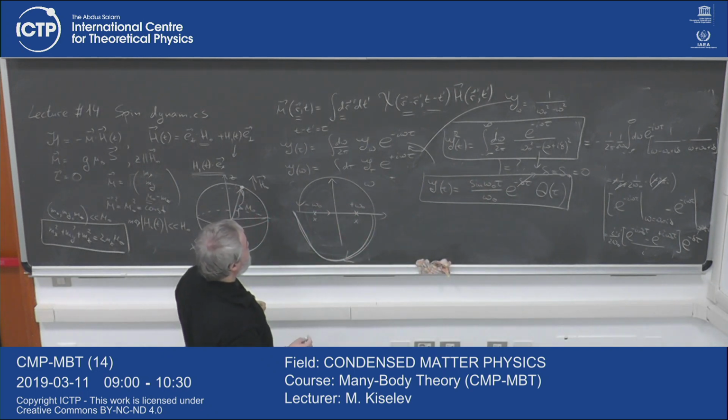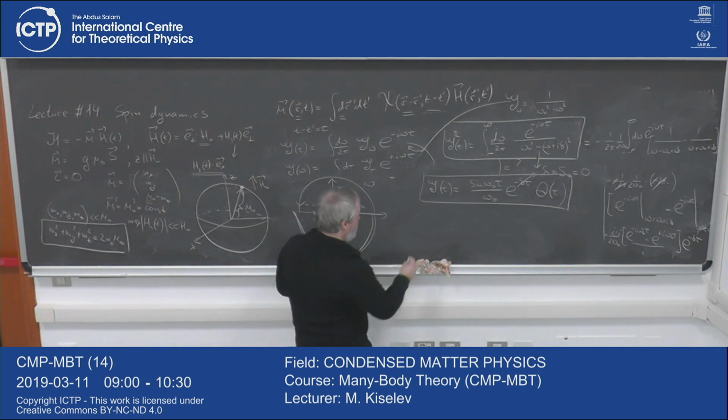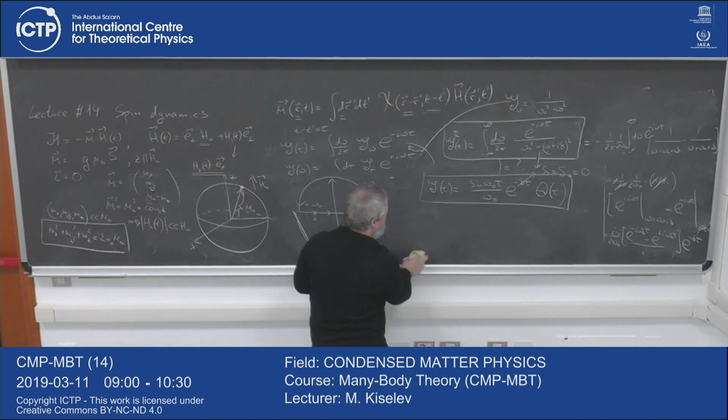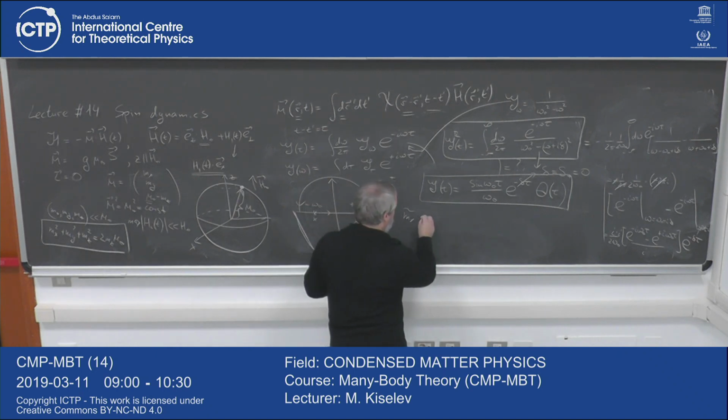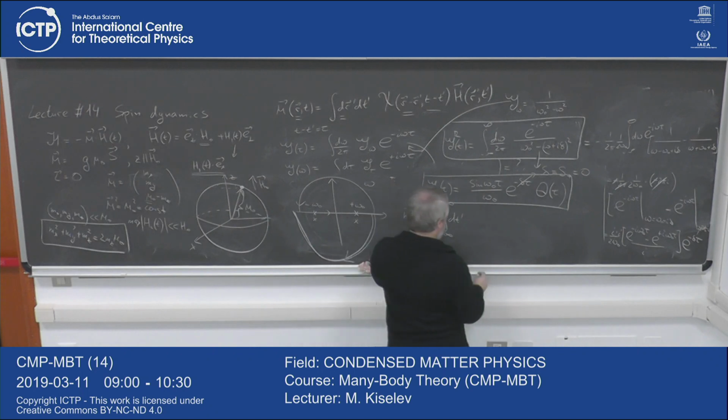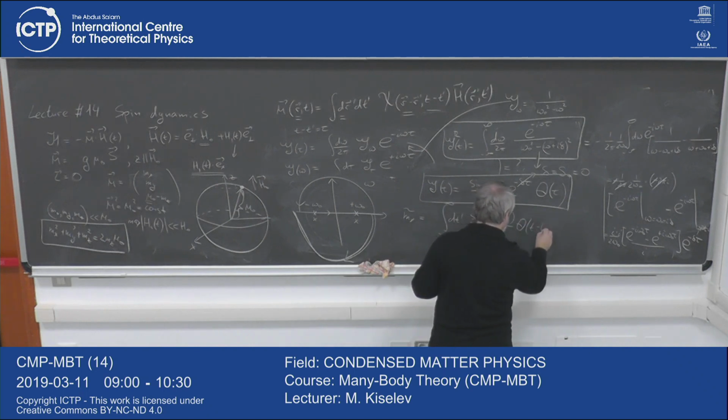And therefore, I can write down the susceptibility. Well, first of all, the particular solution m x tilde, with some arbitrary external force, is equal to the integral from minus infinity to infinity dt prime of the Green function, sine omega naught (t minus t prime) over omega naught times the theta function of t minus t prime.